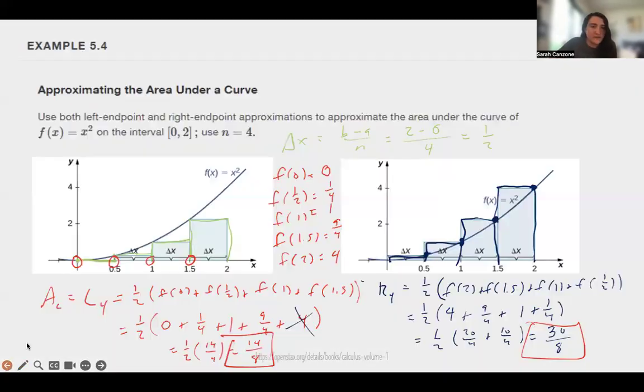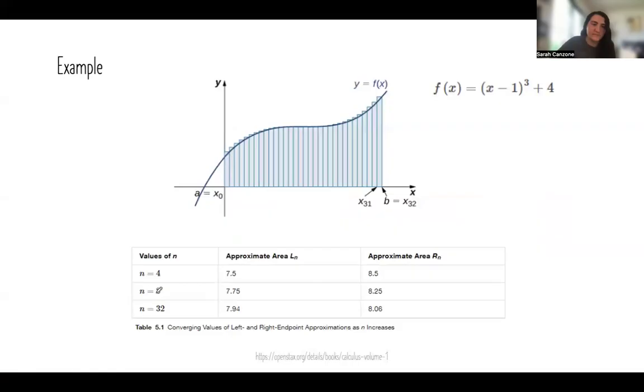So from here, this last one, you see there's a large gap here and here. In fact, this goes way, way over here and here. So this is a way over and a way under approximation, which isn't super great when we're actually trying to approximate it. We really want to know the number. So the more rectangles that we use, the more accurate our approximation is going to be.